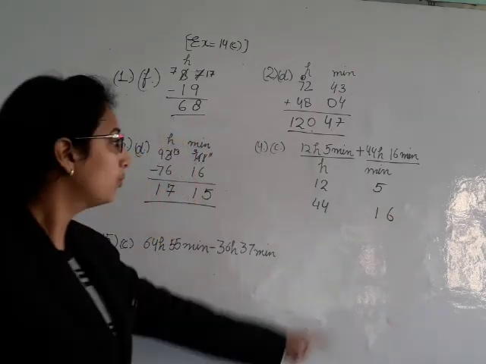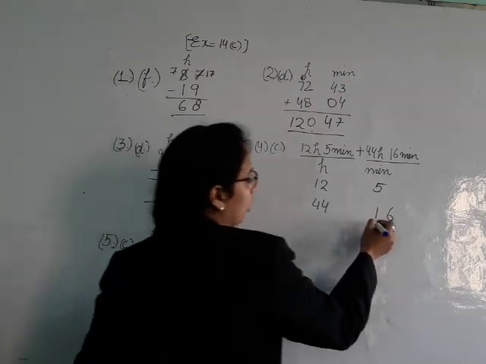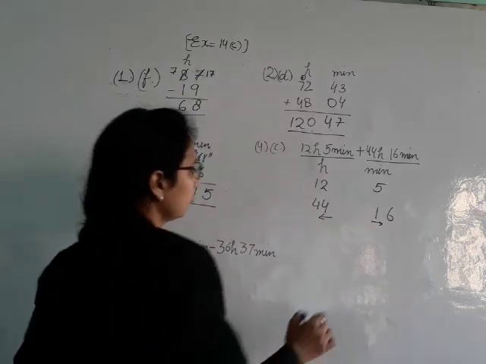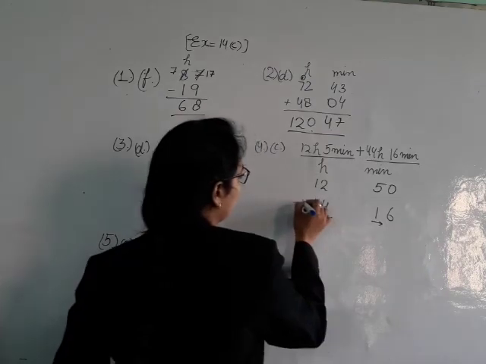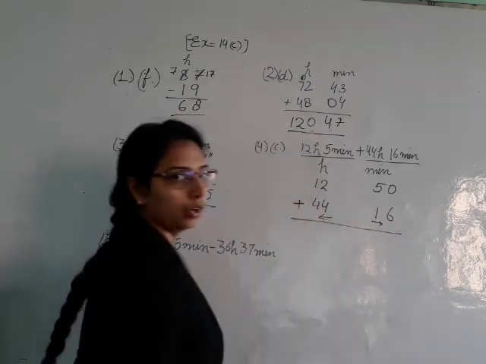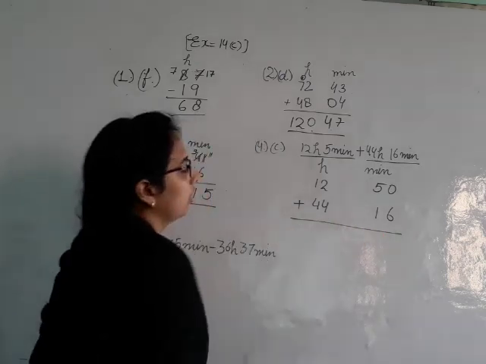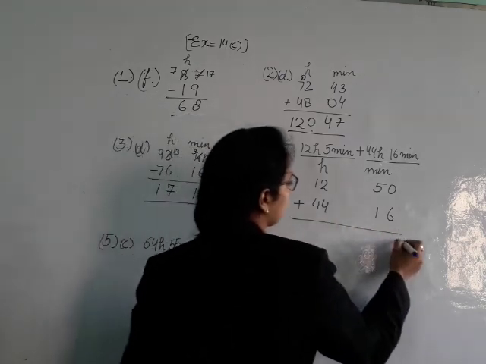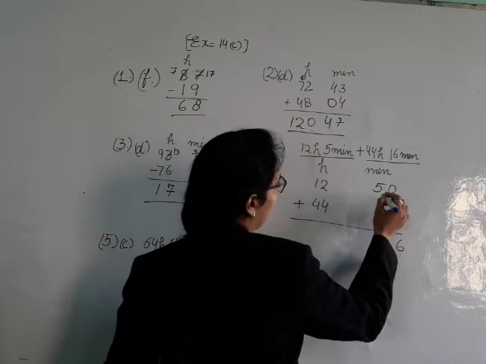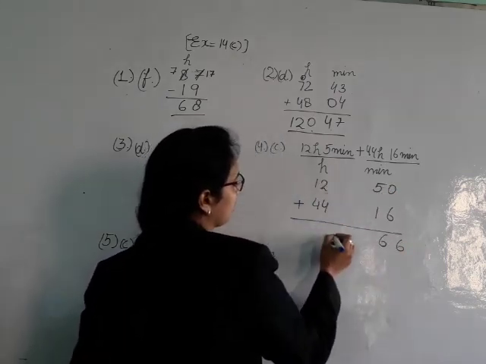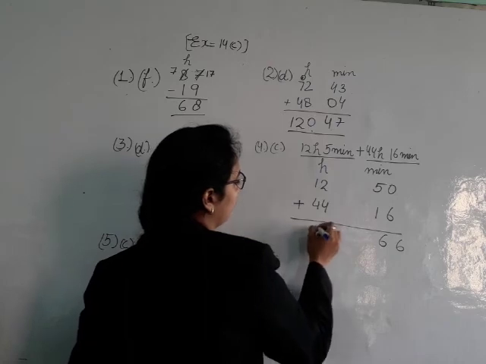The correct way of putting this is from this side and from this side. Put here 0 and simply add them. No need to put this, this is for your explanation only. Then add 5 and 1, 6. And here 4, 5, 6. And 4 and 1, 5.